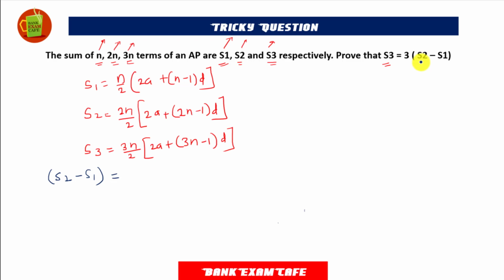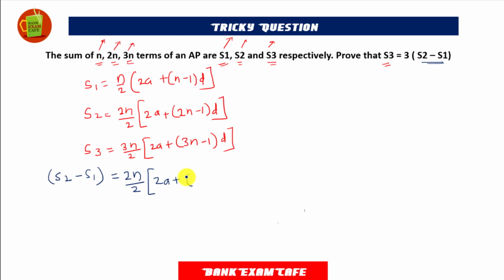Here friends, first we will solve this S2 minus S1. So S2 minus S1 is equal to, this is S2, so it will be twice of n upon 2 into bracket 2a plus bracket, I multiply by d inside the bracket so that it will be easier to calculate further.